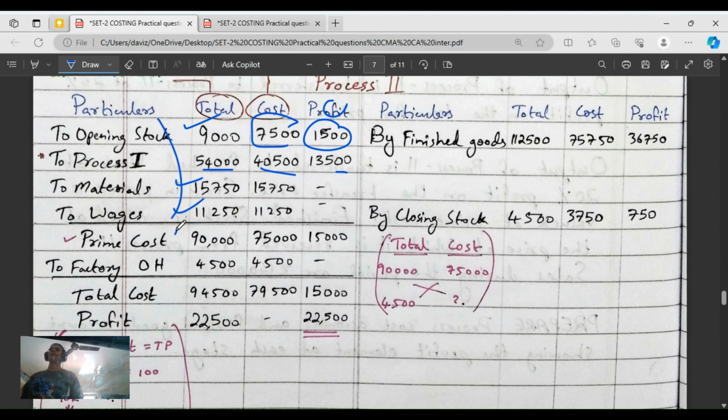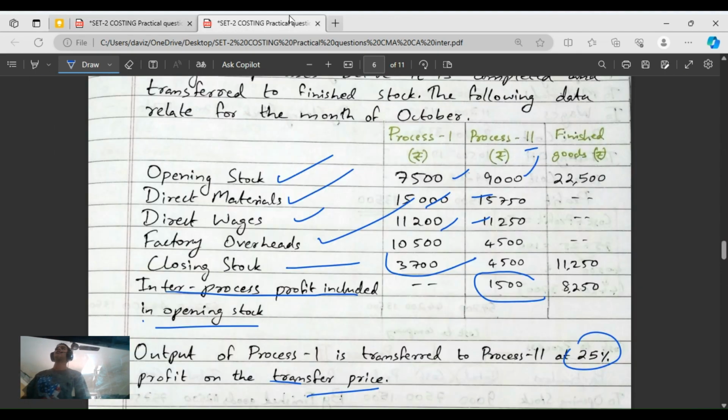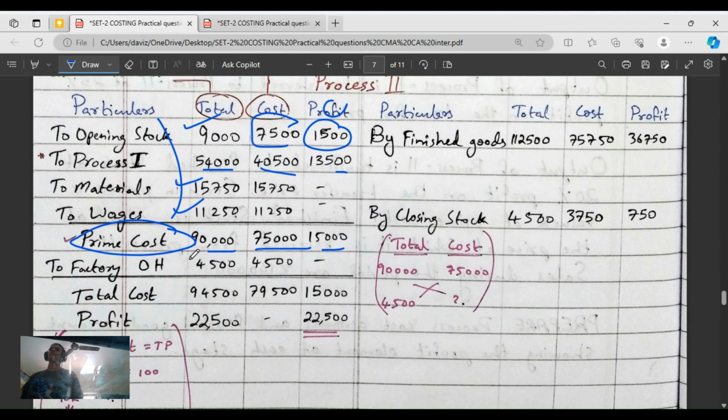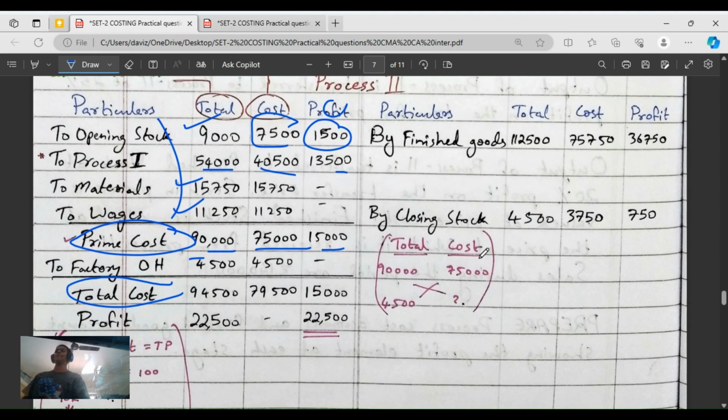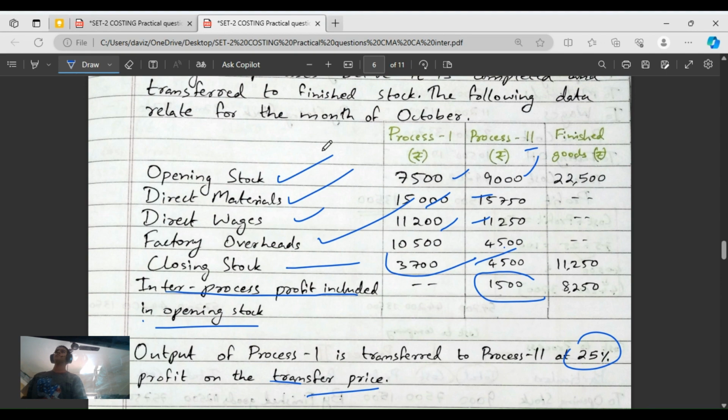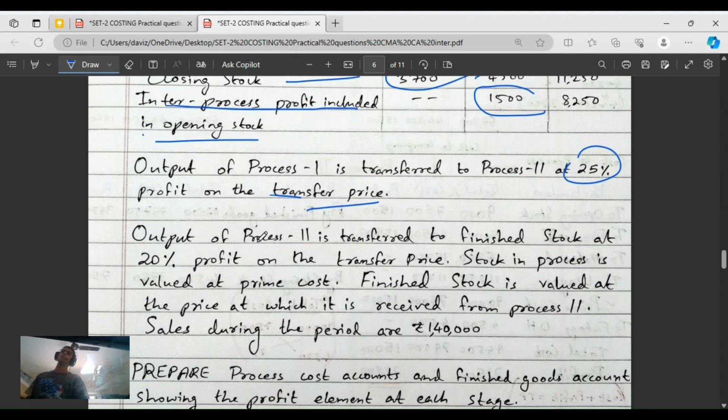Then adding this, I got the prime cost: 90,000, 75,000, 15,000. Then factory expenses is 4,500. That also I entered. Then I received the total cost. And one more thing is closing stock of 4,500.